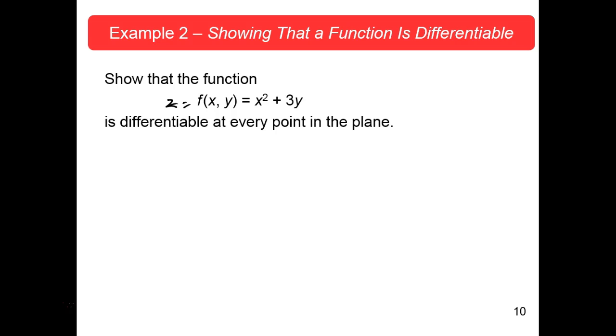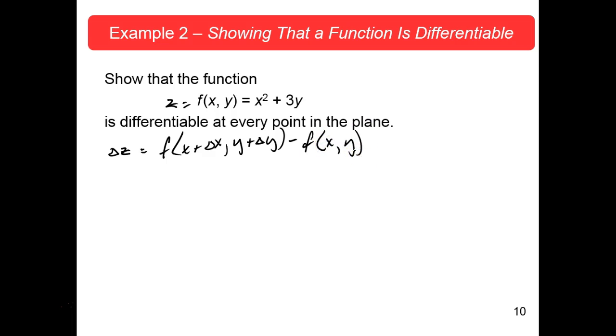Then the increment of z at any point x, y in the plane, that's your delta z, the small change of z at any point there, must be, by the definition we talked about last time, f of x plus delta x, comma, y plus delta y. That's the delta z, the change of the f value when you change the x just a little bit and the y by a little bit. That's what that stands for. Minus where it was to begin with, f of x, y.